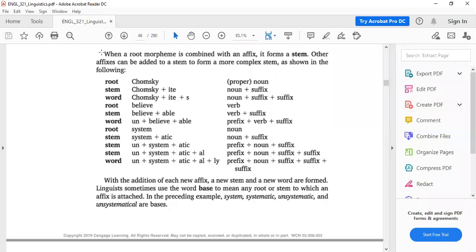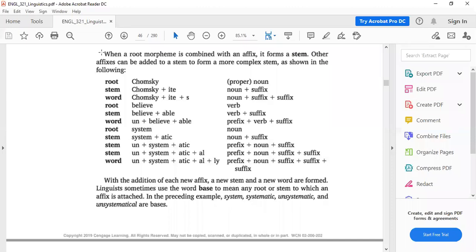Now, if we add systematic, it becomes a stem. If we add unsystematic, a prefix and a suffix, it is also a stem. If we add unsystematical, it is also a stem. If we say unsystematically, it's a word. Why? Because we can't add more affixes.